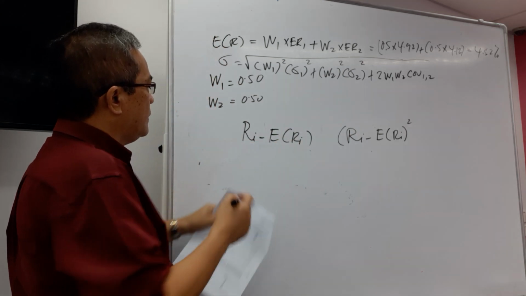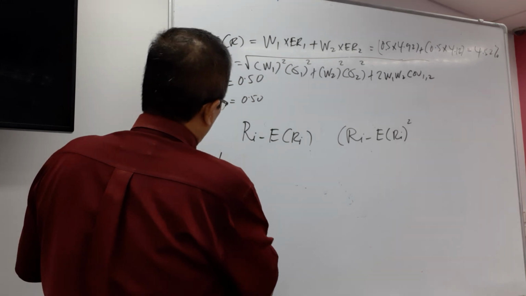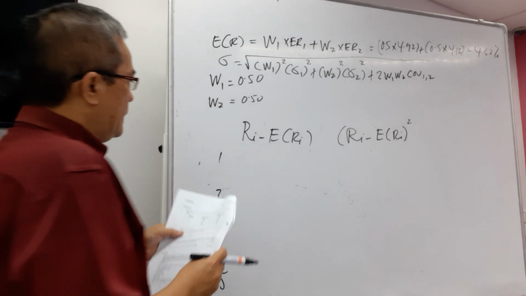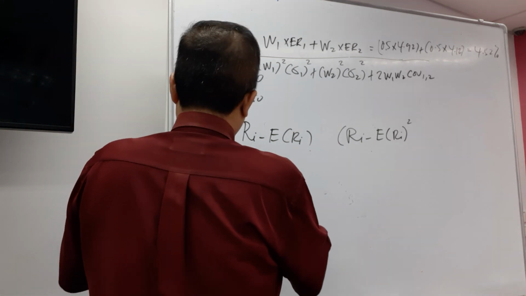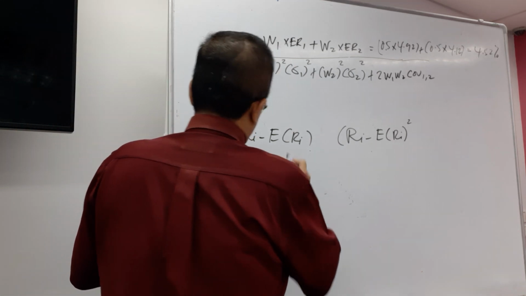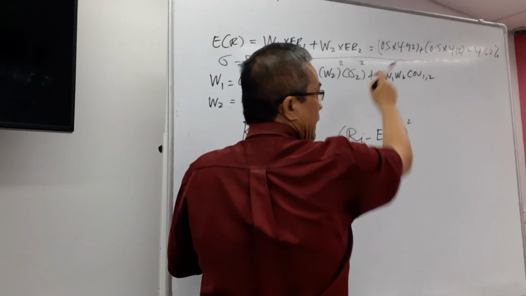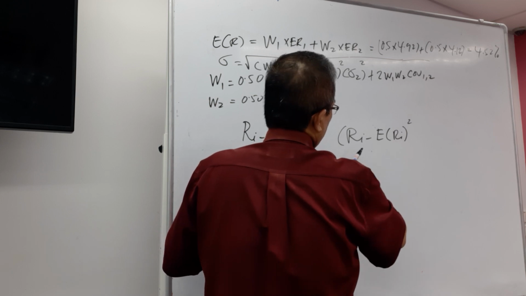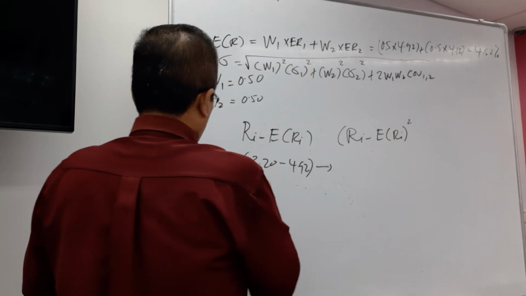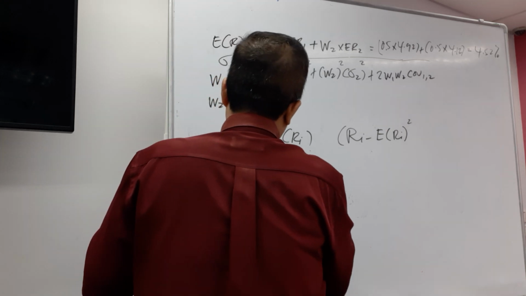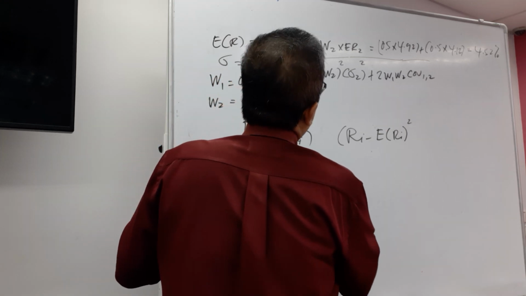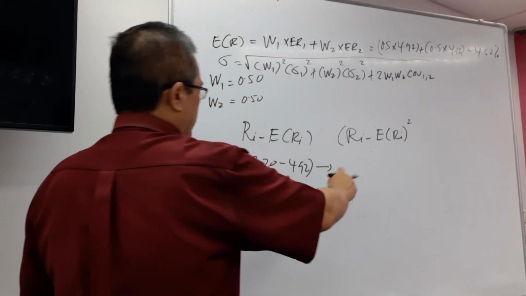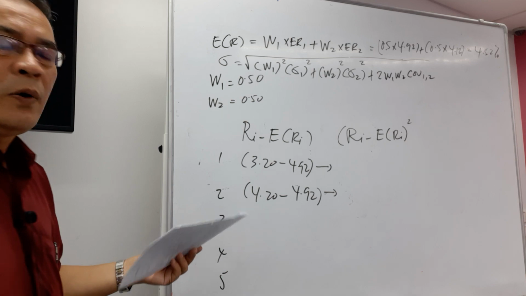Okay, let me write down for the months 1, 2, 3, 4, 5. For Kylie's: 3.20 minus 4.92, and then you get the answer and square it. Then 4.20 minus 4.92, get the answer and square it.